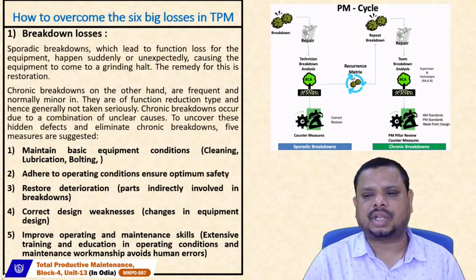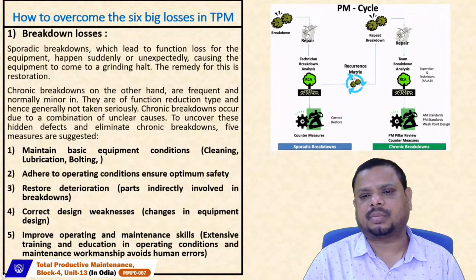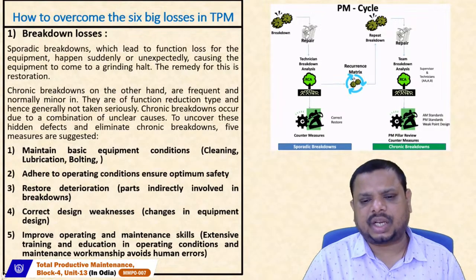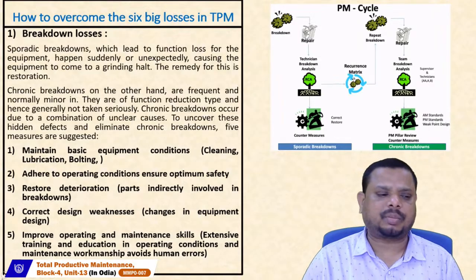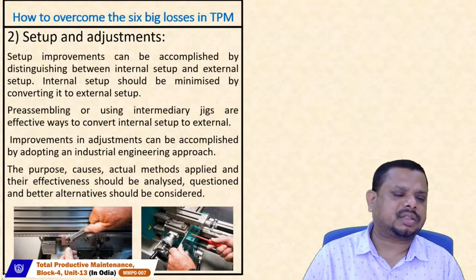Here they go for the productive maintenance standard and identify the weak points of the designs. In this way, they can avoid the breakdown losses, which include sporadic breakdowns and chronic breakdowns.